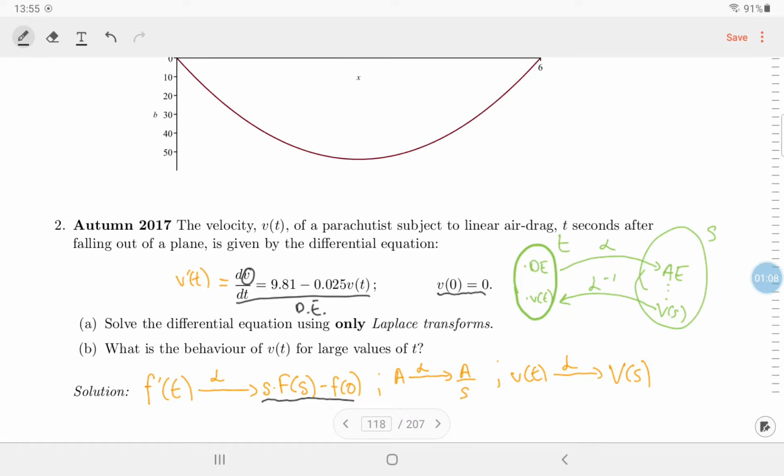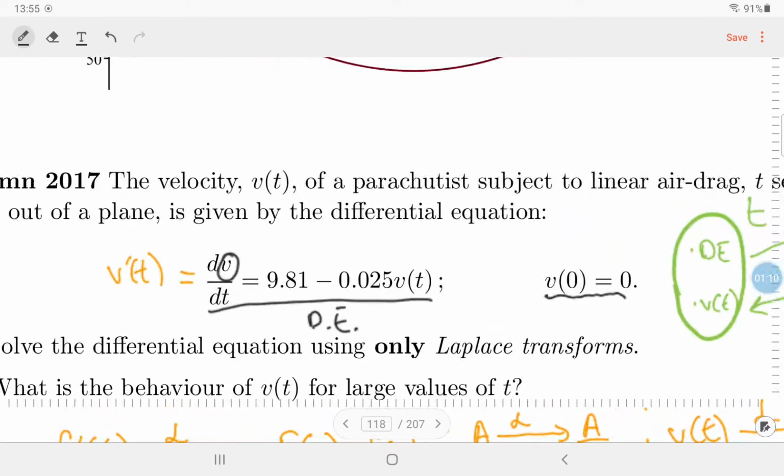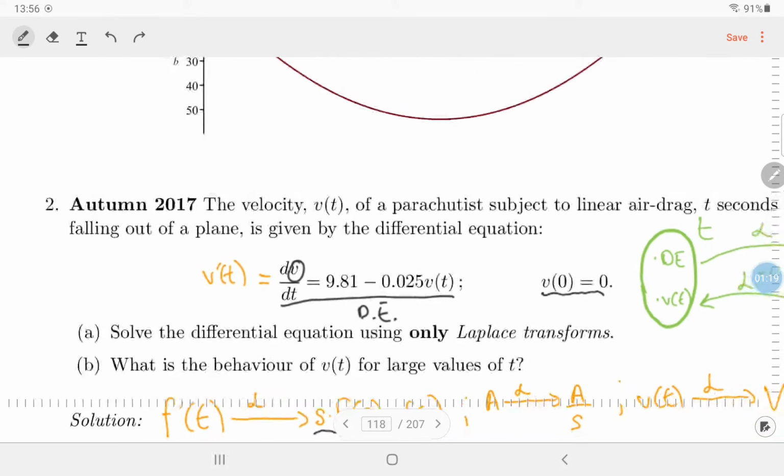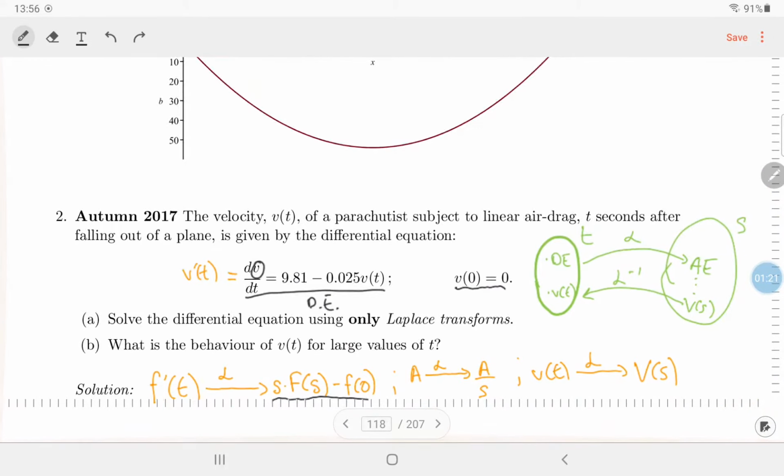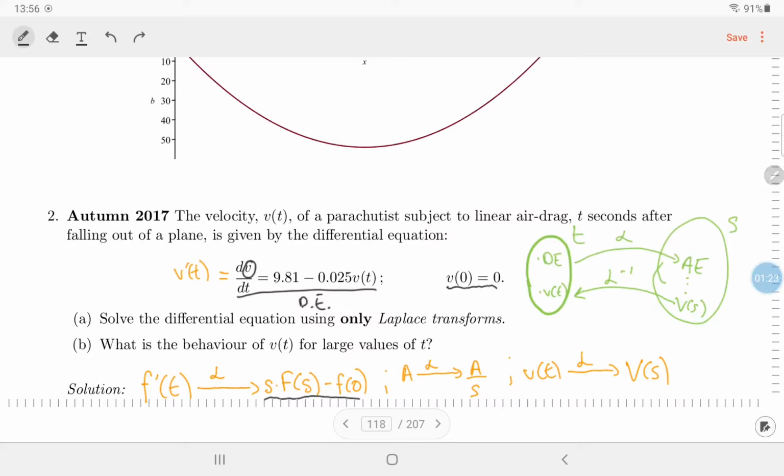What we're going to have to do here is take the Laplace transform of both sides of this differential equation. So what we're certainly going to need is some equations from the tables, written down at the bottom in orange. The dv/dt is the first derivative of v, so we're going to need that formula.